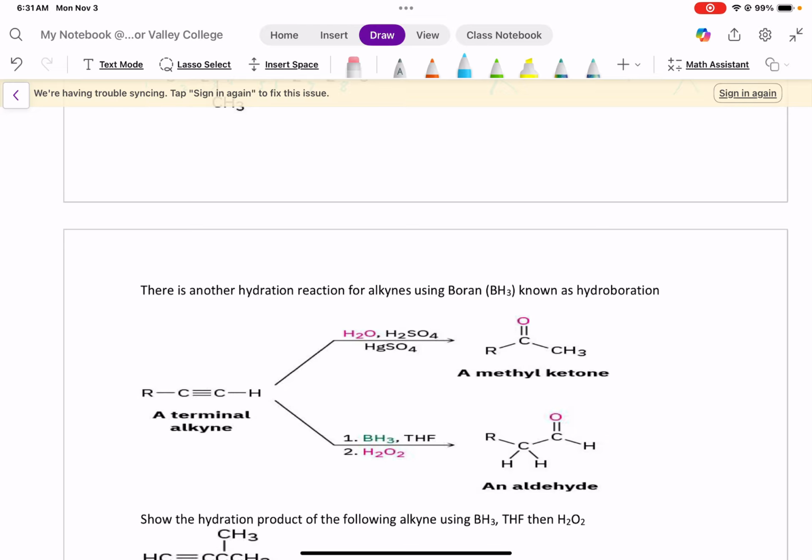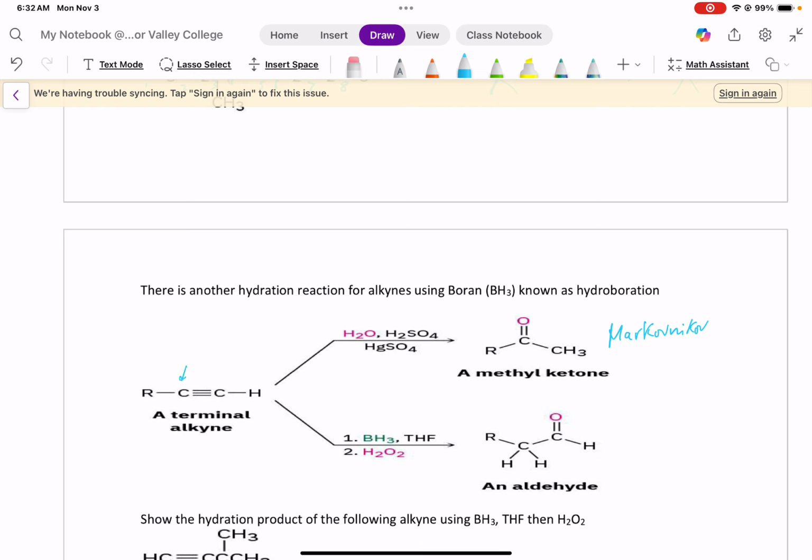Now, just want to compare. This is Markovnikov. So Markovnikov, the OH added to the internal carbon. So you got 2 different carbons.